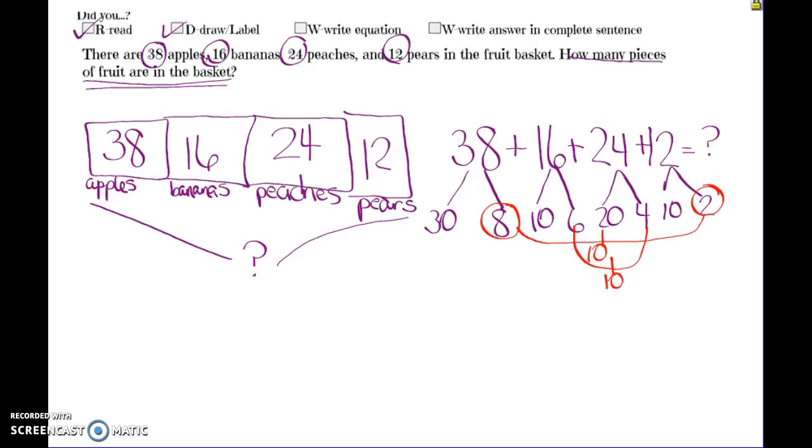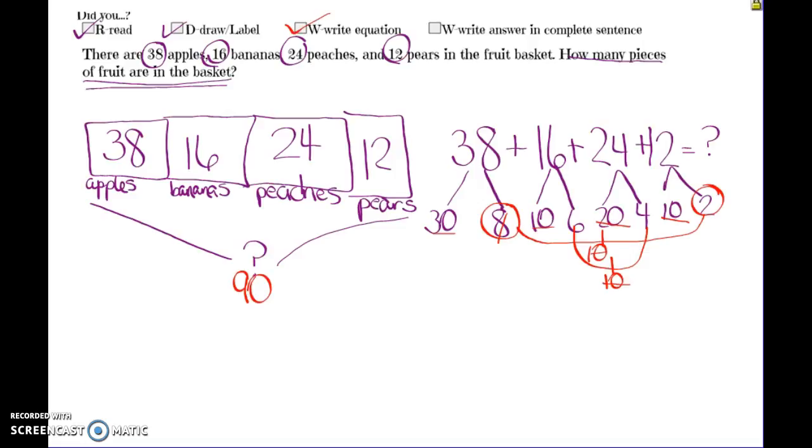So now I can add my 10s together. So I've got 30, 40, 50, 60, 70, 80, 90. I have 90 pieces of fruit.